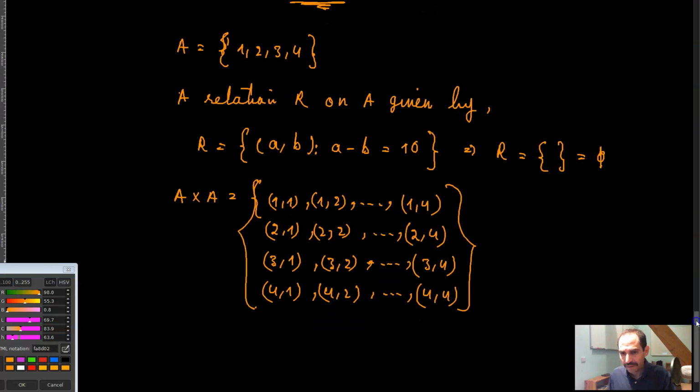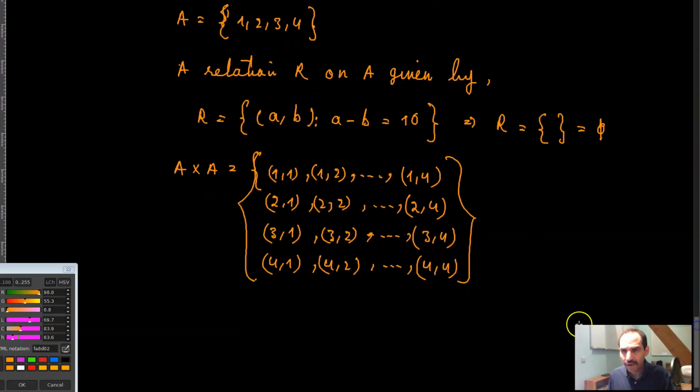Now, by the same logic, if in the same situation I define another relation, for example R prime, and say that R prime is the set of all ordered pairs (a, b) such that the absolute value of a minus b is greater than or equal to 0.